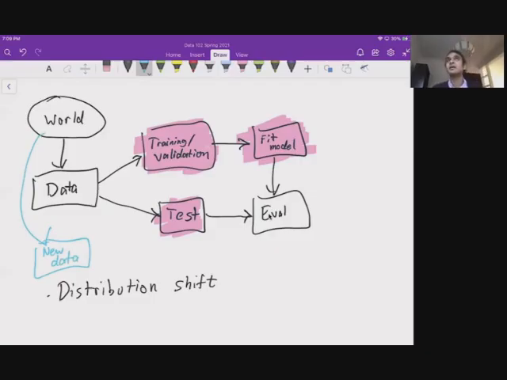Let's say you train a model to predict the number of people who attend a park, right? Based on population in the neighborhood, rents, housing prices, and so on. You try to predict how many people go to the park. Now, you train that on data from 2019, and then you apply that model in March and April of 2020.